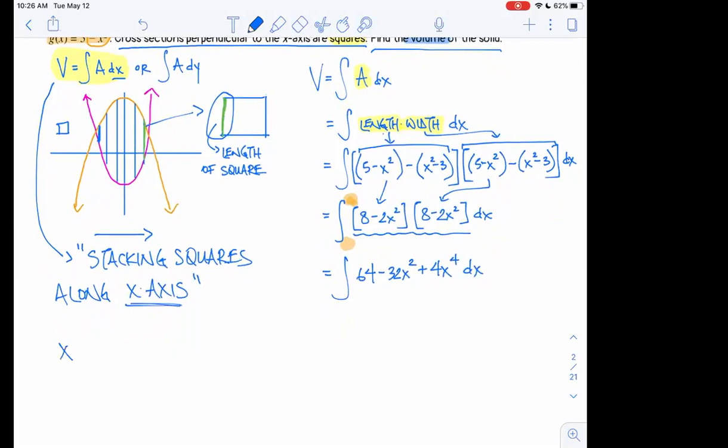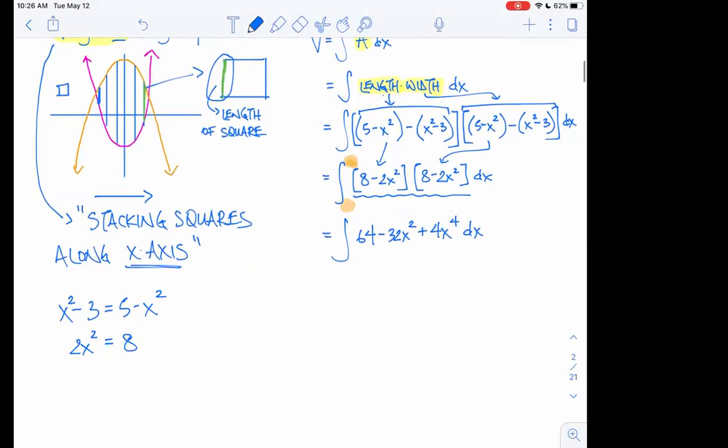So we have x squared minus 3 equals 5 minus x squared. So I'm going to add the x squared to the other side, and I'm going to add the 3. And so I'm going to get x squared equals 4.